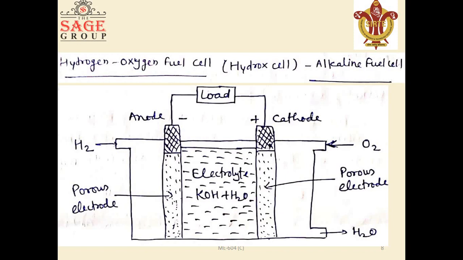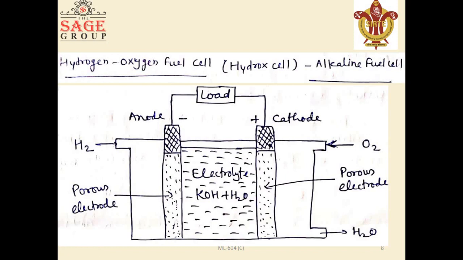In the construction of this diagram, it has three chambers separated by two porous nickel electrodes. These are the two porous nickel electrodes, the anode and cathode.